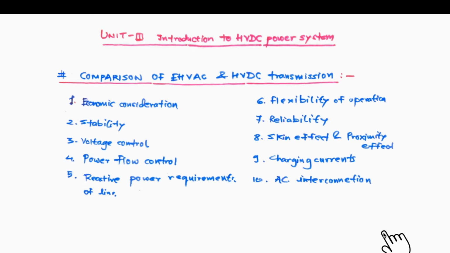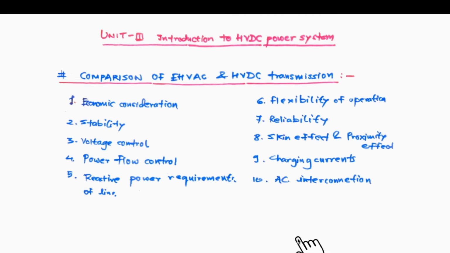But we have to make a comparative statement of whether advantages in a particular situation, they are weighing more than the relative cost or the disadvantages. So keeping this in mind, we are going to consider EHVAC and HVDC transmission comparison in this particular section.